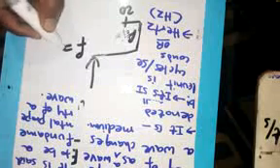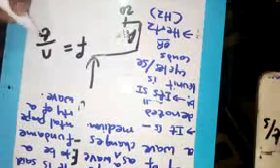Another thing to note as far as frequency is concerned: frequency is denoted by the letter f, small letter f. Its SI unit is cycles per second, because to calculate frequency, you take the number of cycles and divide by the time taken.